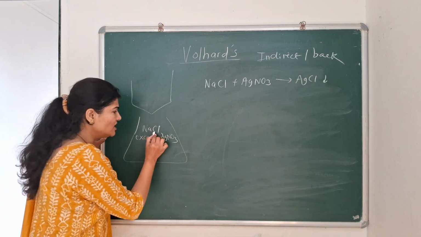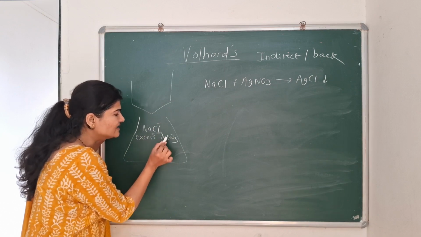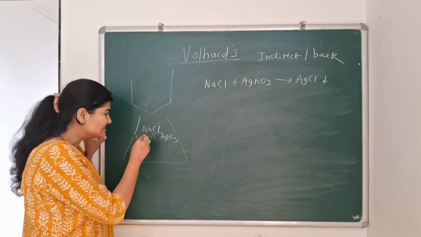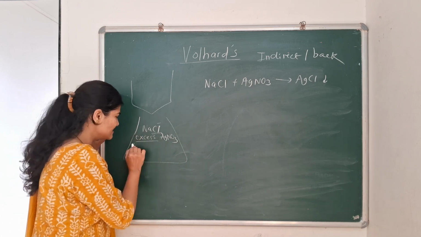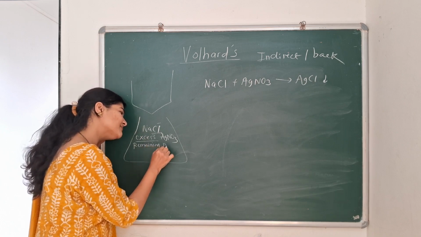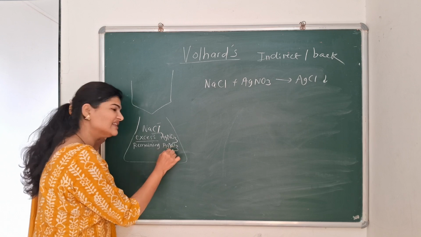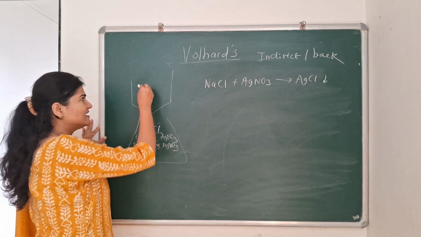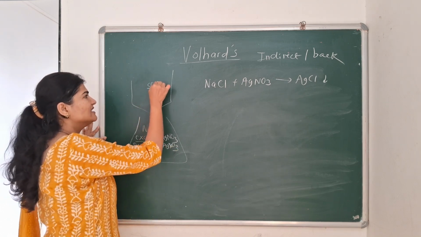Now once all the chloride ions have reacted with AgNO3, as the silver nitrate is in excess, some amount will be remaining in the conical flask. This remaining silver nitrate we are going to titrate using thiocyanate ions.